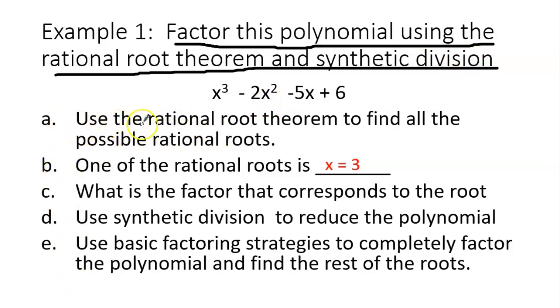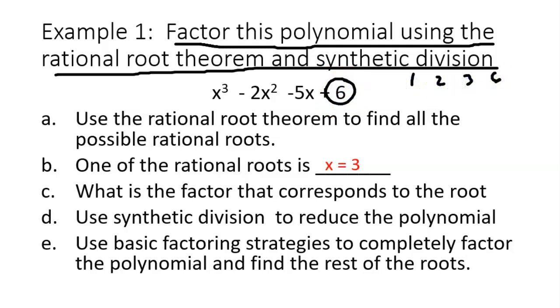So here we go. The first step is to use the rational root theorem to find all the possible rational roots. So rational root theorem is where you find all the numbers that go into the last number, which is 1, 2, 3, and 6.